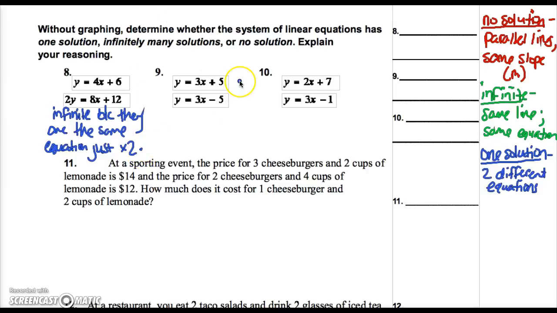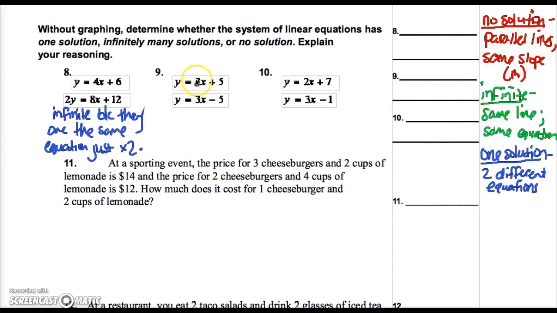Now if you look at number 9, we have y equals 3x plus 5 and y equals 3x minus 5. The first thing I notice is these are two very similar equations, but they're not exactly the same. One says plus 5, one says minus 5. So they're not the exact same, so they're not infinite.